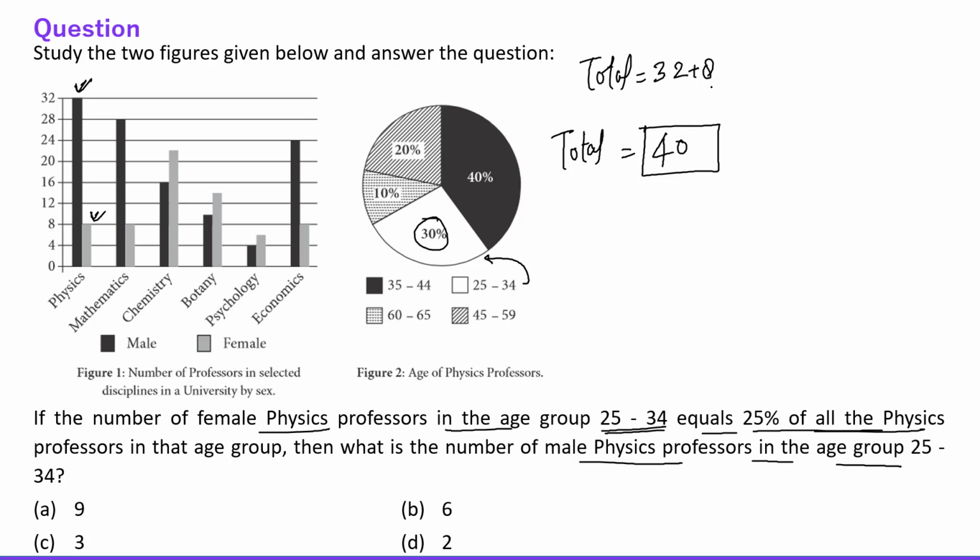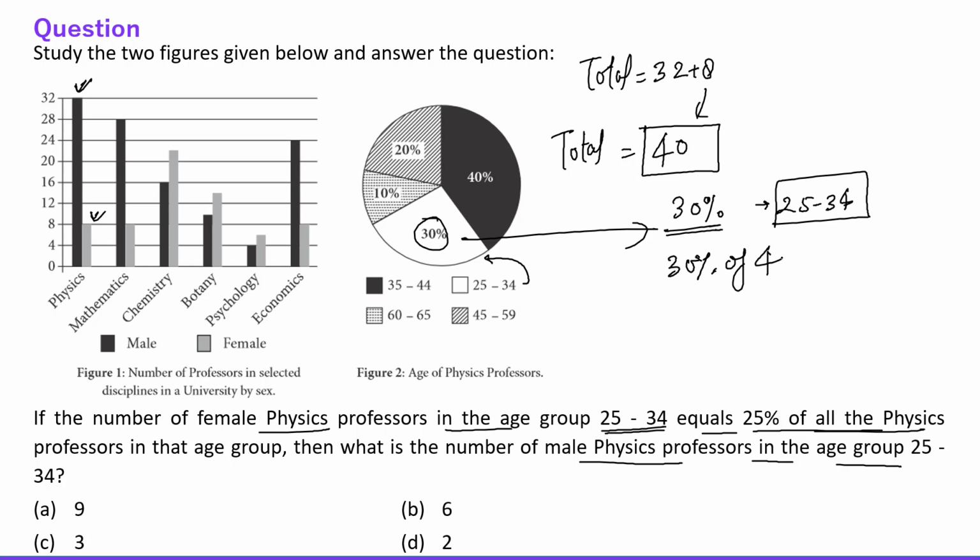Out of that, according to the graph we can say 30% of the professors are lying in the age group of 25 to 34. So 30% of 40 is equal to 12, right? 30 into 40 divided by 100. So this is 12, right?